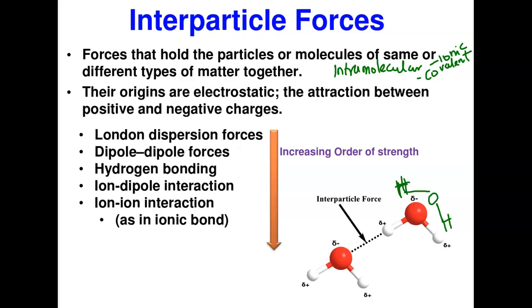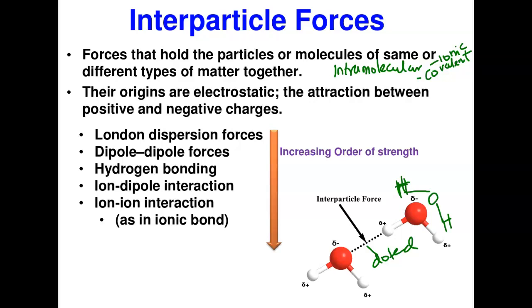Usually what we do is to use the dotted lines to represent these intermolecular forces, because this occurs either between 2 molecules or between 2 independent particles that are already on their own. So that's why we call them interparticle or intermolecular forces, as the case may be.